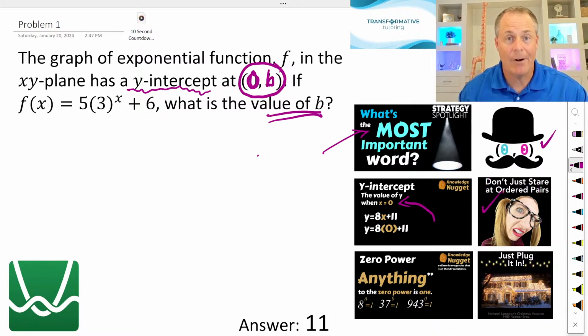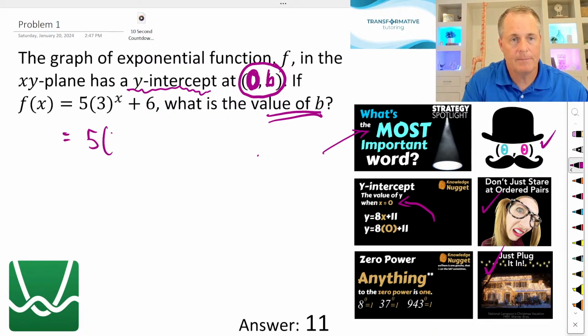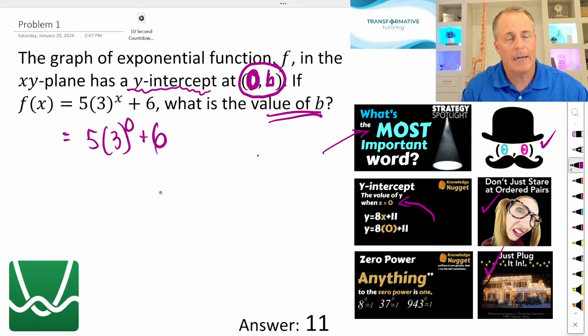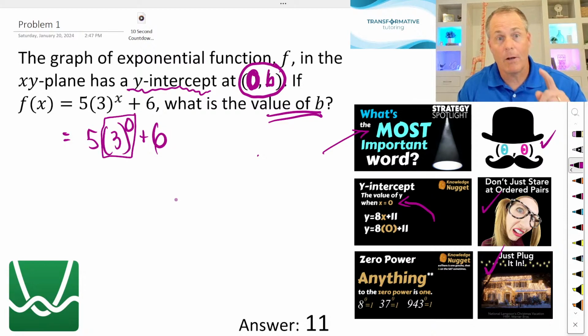Don't just stare at ordered pairs and plug them in, okay? So here we've got the 0. We're telling you to just plug it in. So if we go to our equation and plug 0 in for x, we can work it out. Of course, we've got to follow the order of operations, so be very careful here. You're supposed to do exponents first. Do you recall what 3 to the 0 power is?